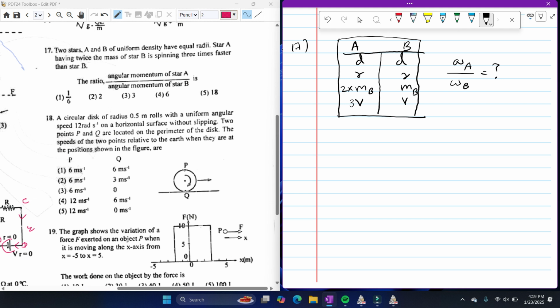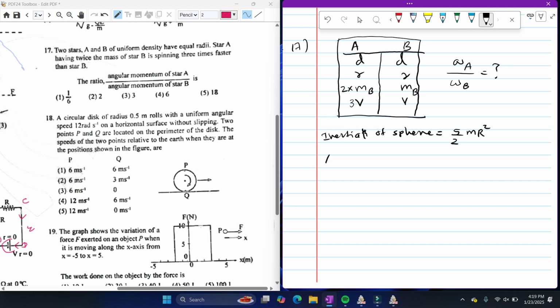So we'll see that I equals the inertia of a sphere. Stars are considered spheres. Inertia of a sphere equals 2 divided by 5 m r squared.